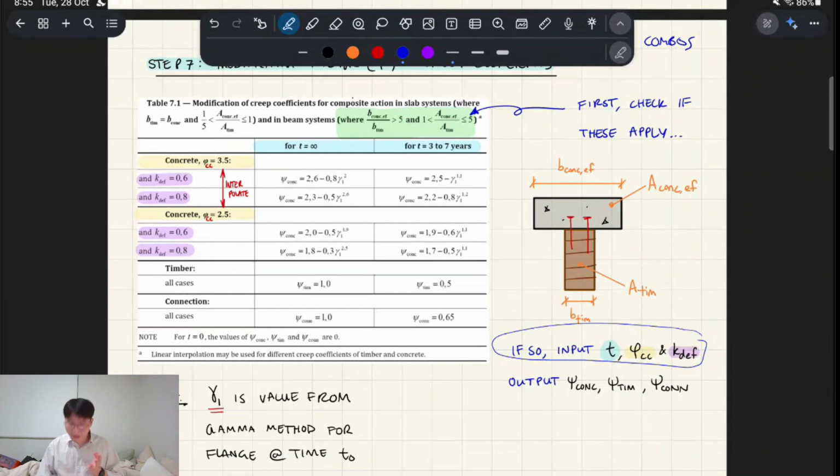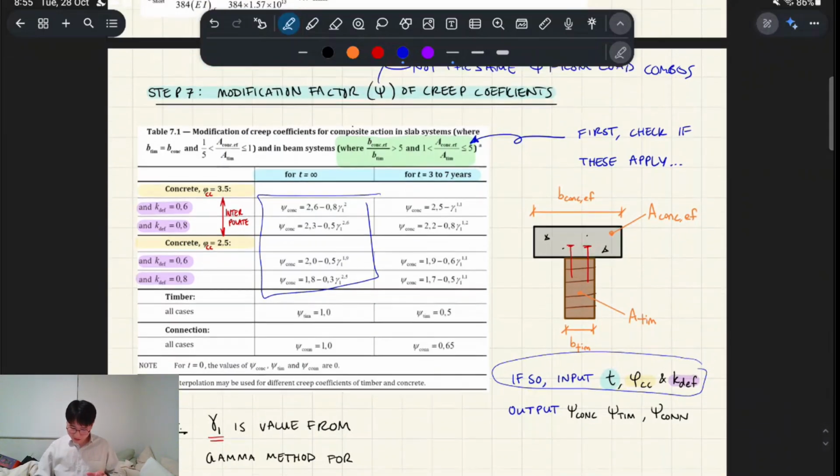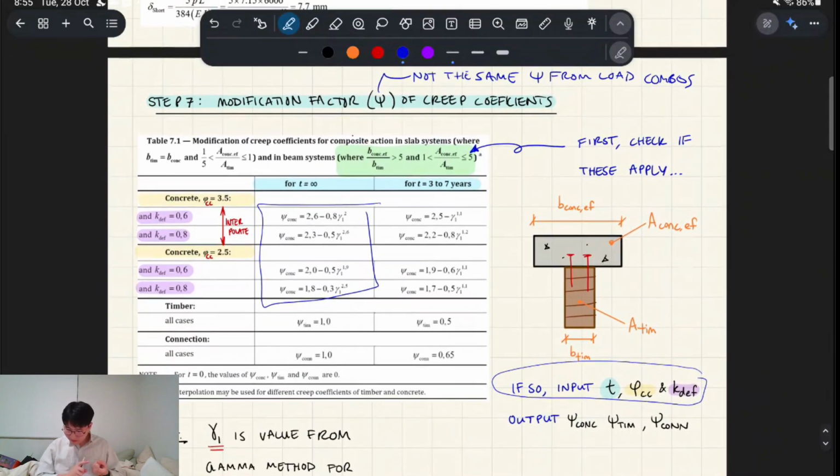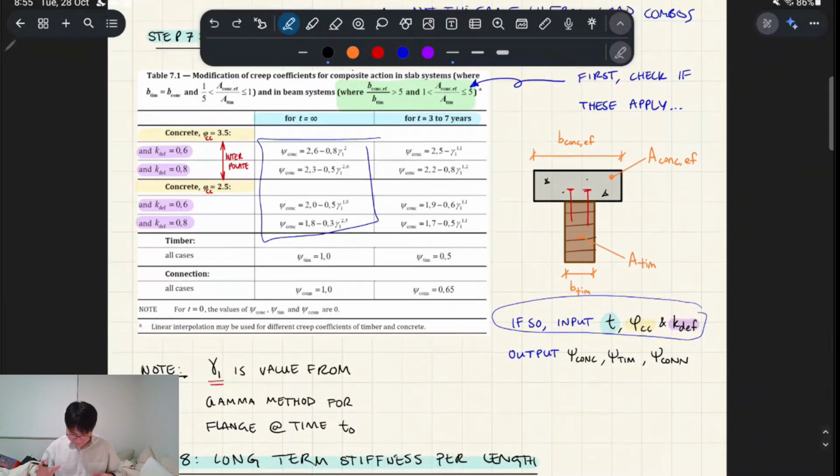And then you can get 3 values out of it, right? You get phi concrete, your modification factor for concrete. You get your modification factor for timber, and you get your modification factor for connections, right? So those will change depending on time as well.